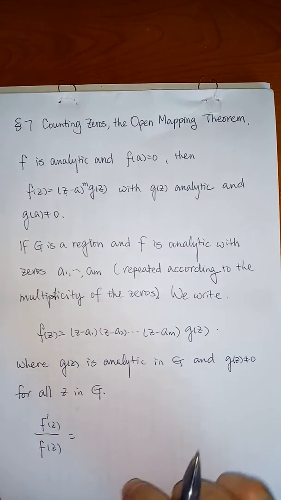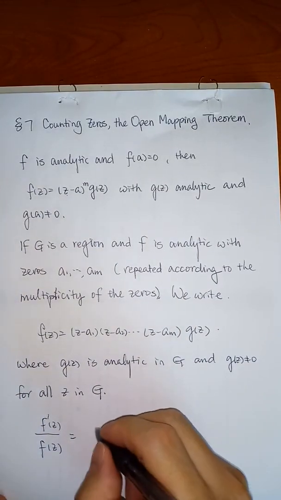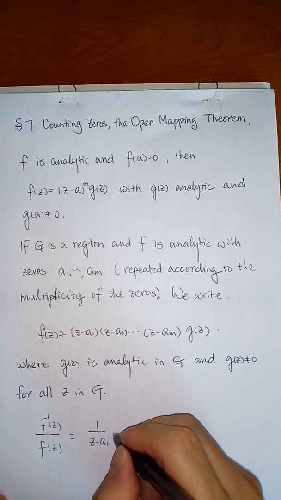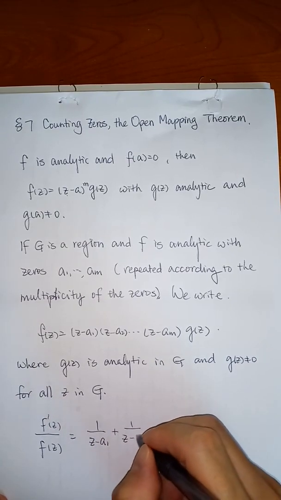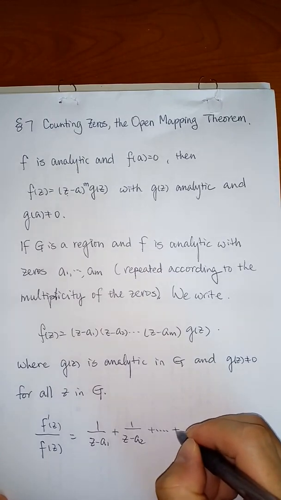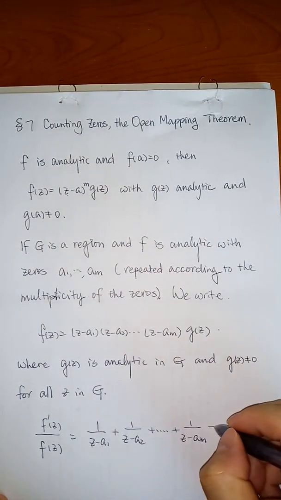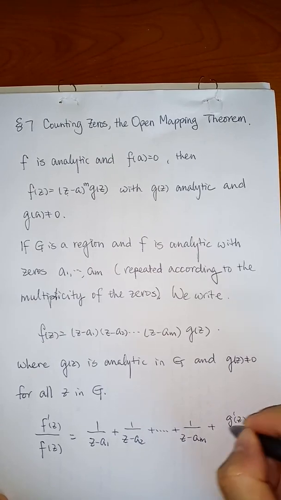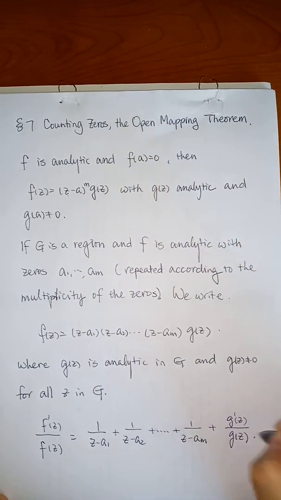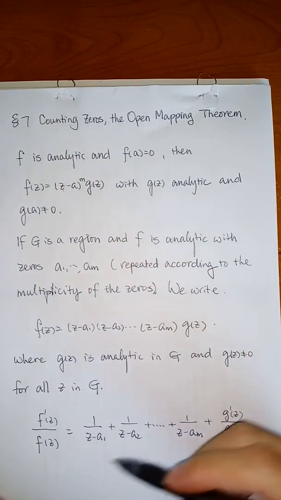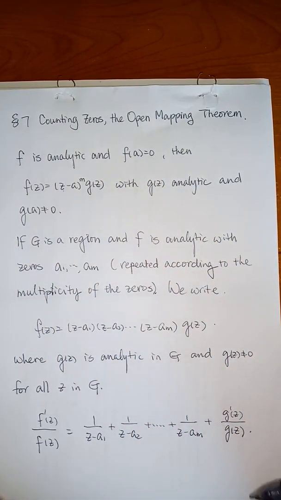With a simple computation, you will see that this ratio becomes 1 over z minus a1 plus 1 over z minus a2 plus ... plus 1 over z minus am, plus g prime of z over g of z. You can just try the product rule and divide by the product. You will see this pattern.